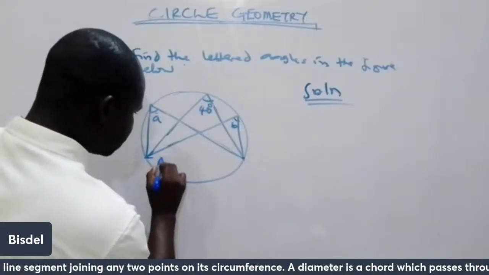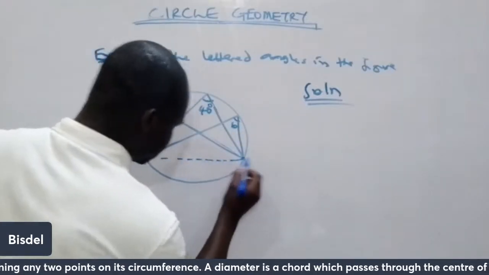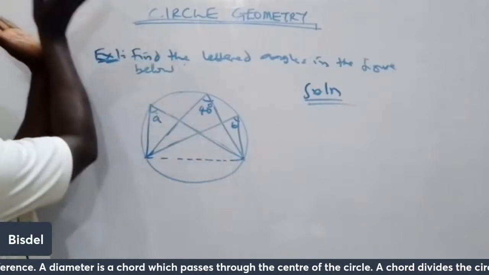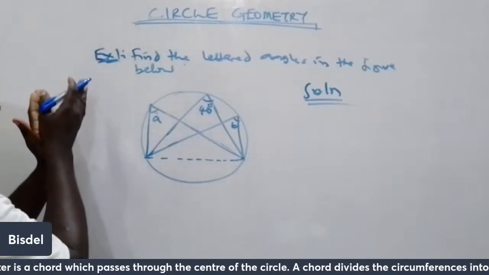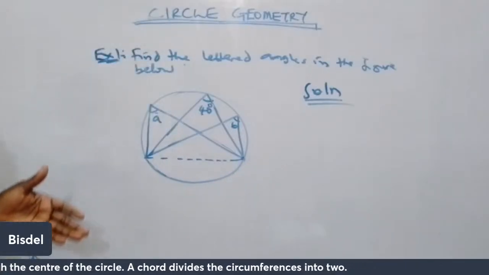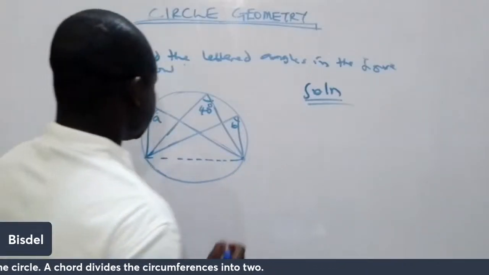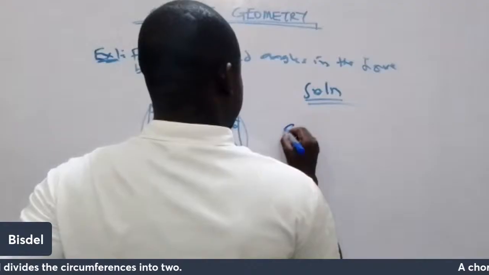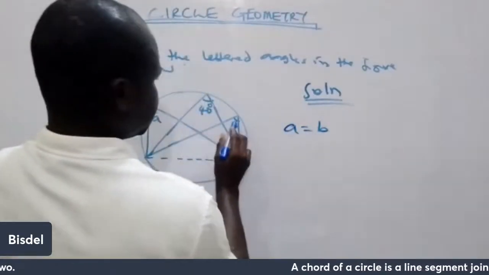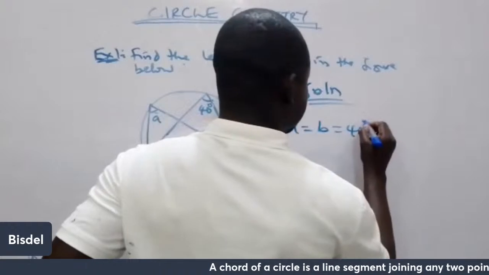If I join these two, it forms a chord. So all these three angles are on the major segment of this circle, and they are subtended by the same arc. So we can use the theorem and say that angle A is equal to angle B and is equal to 40 degrees.